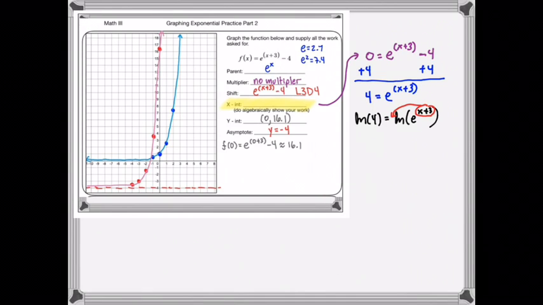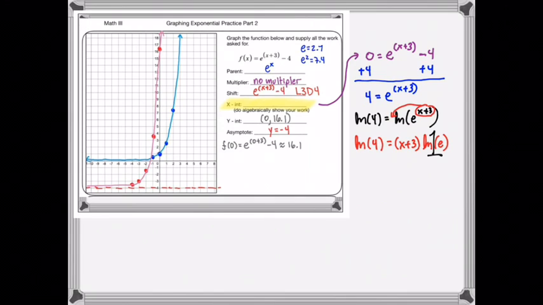So I would have ln 4 equals x plus 3 times ln e. Now ln e, we know from our properties, is 1. ln 4, though, we don't know, and we're going to have to use a calculator to find out.